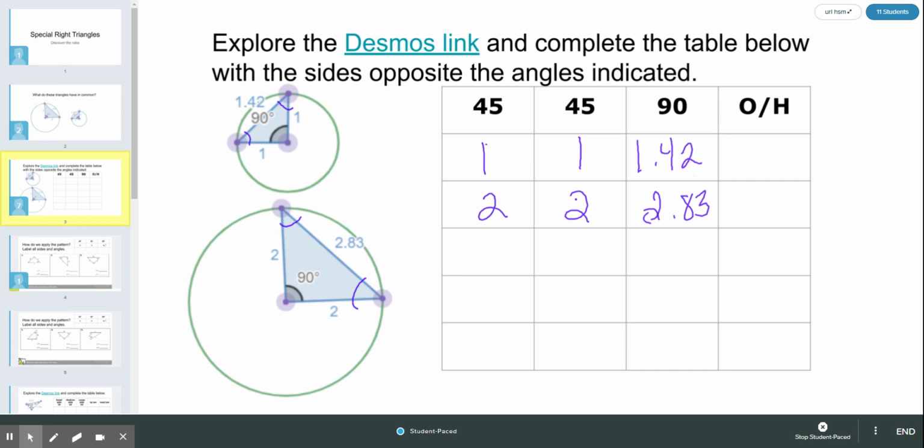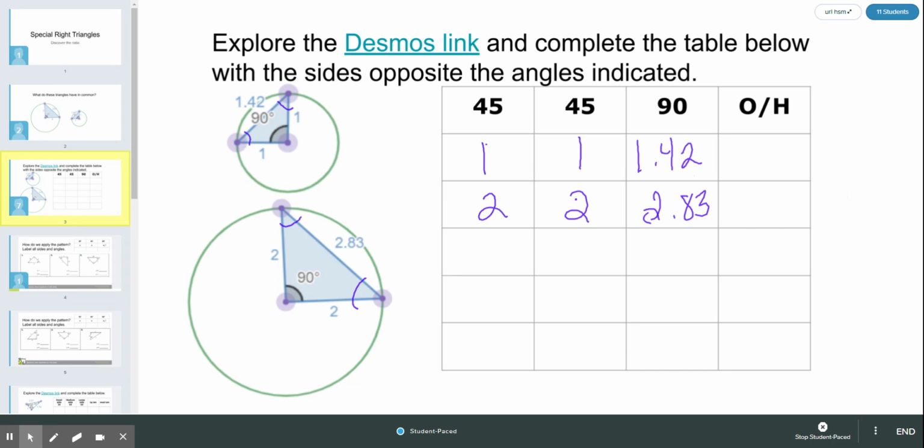What's another set of numbers that you got? Anybody? My chat went away again, darn it. There it is. Yeah, so I want 3 more sets of numbers. What's one more set of numbers that you got?